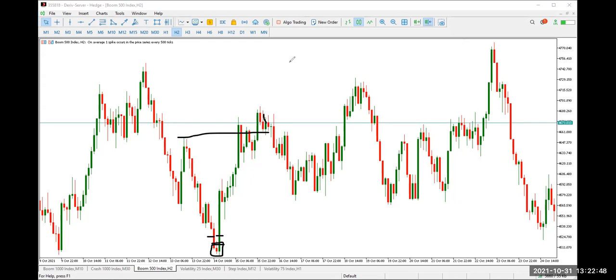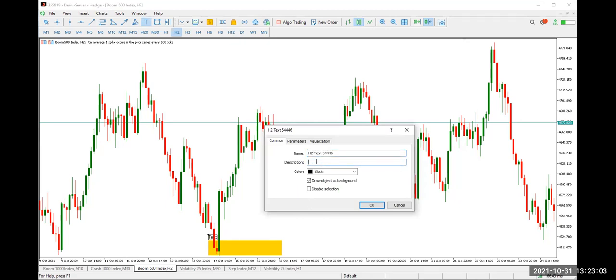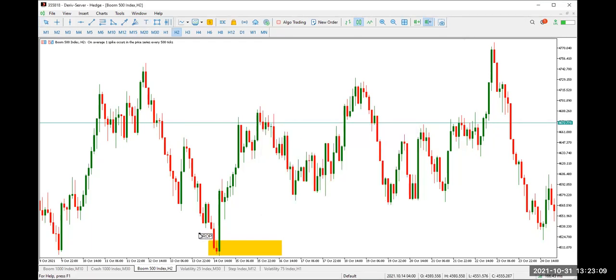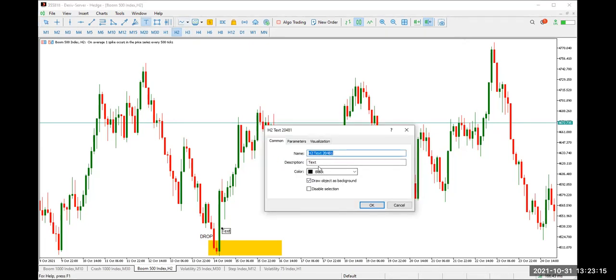So first, in the demand zone, we are looking for it. You see this place here. Here's the demand zone. First of all, we have a drop. You see the big candle that dropped there. Then we have a rally, another big candle.